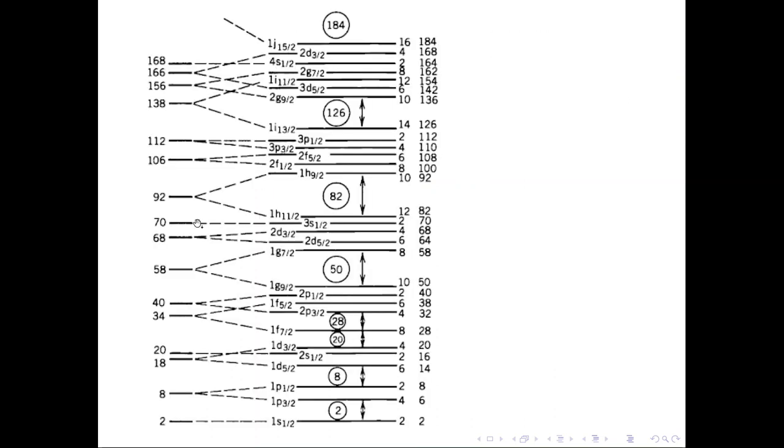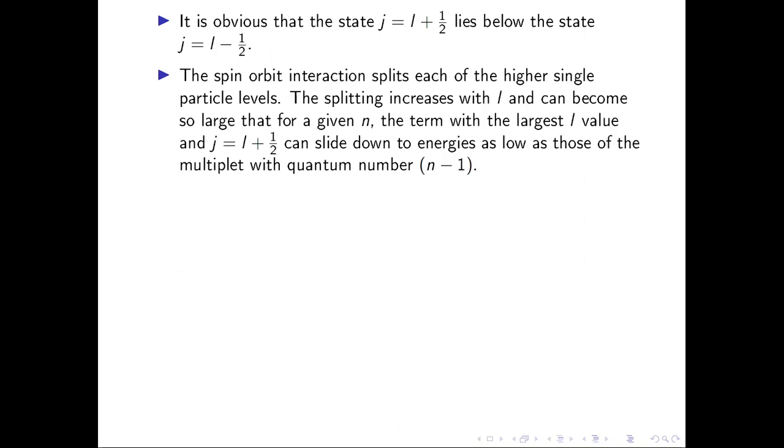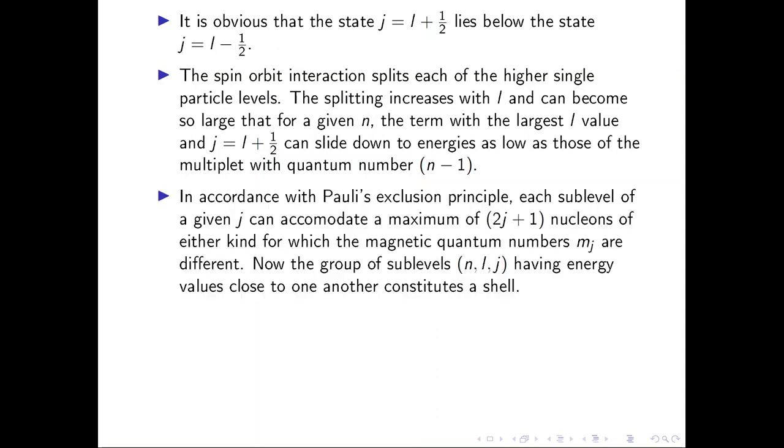So this level comes back and clubs together with the levels with n equal to 1 here, and this is n equal to 2. The splitting is so high that this level comes and clubs together with this. So there is a restructuring of the energy levels of the nucleons.